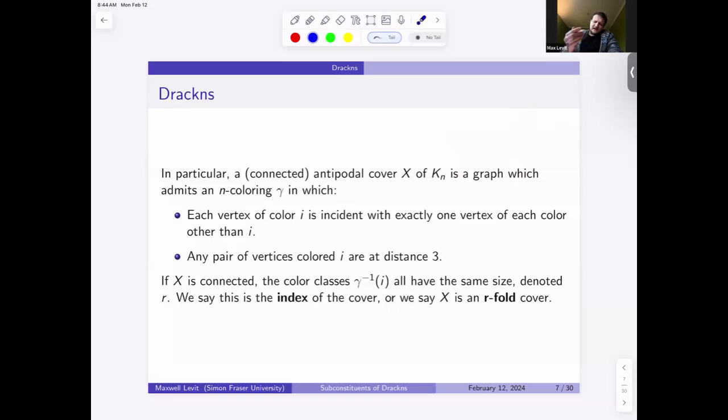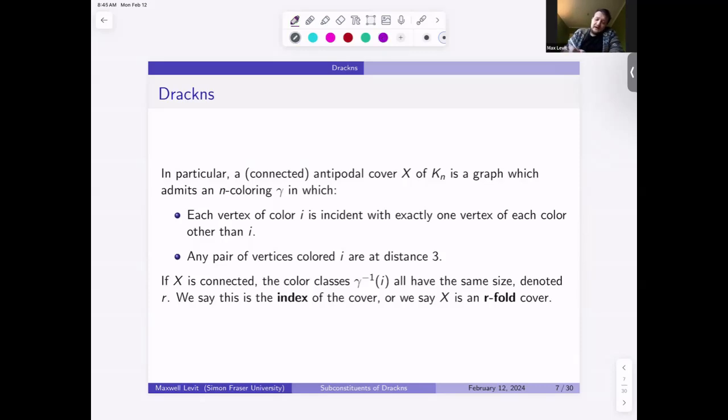And I'll go specifically to a connected cover of the complete graph. It's a little bit easier to think about. So here the idea is just that we have this homomorphism to the complete graph, also known as a proper coloring. And that proper coloring has some extra property, which is that each vertex of color 1, say, has a neighbor of exactly each other color. That's what this bijective onto the neighborhood property is telling us.